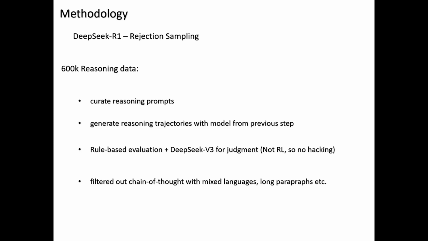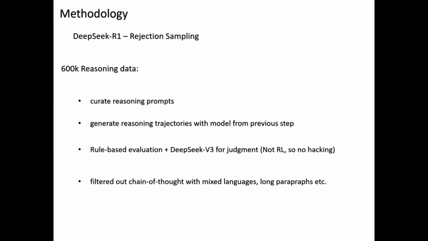So rule-based evaluation checks if the answer matches the correct ones, and they employ DeepSeek V3 here without worrying about reward hacking, because this is not a reinforcement learning step. This is a supervised fine-tuning step. And they filter out incorrect trajectories and those with mixed languages or overly long paragraphs. So this process resulted in 600K high-quality reasoning data.